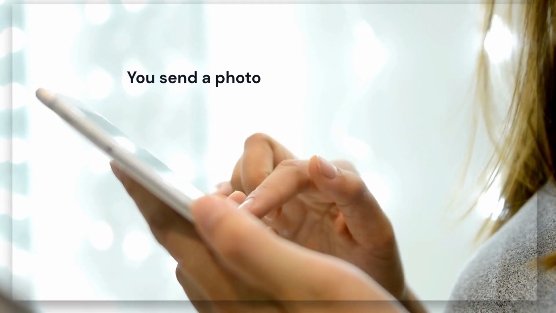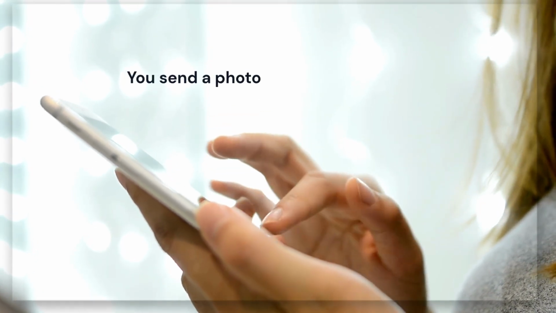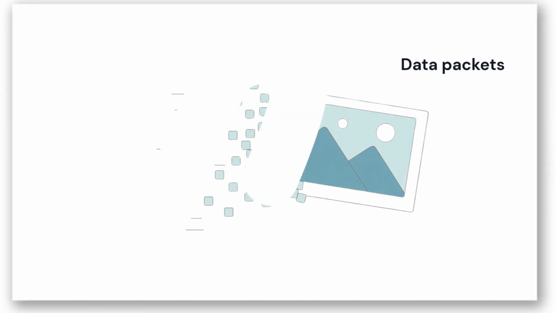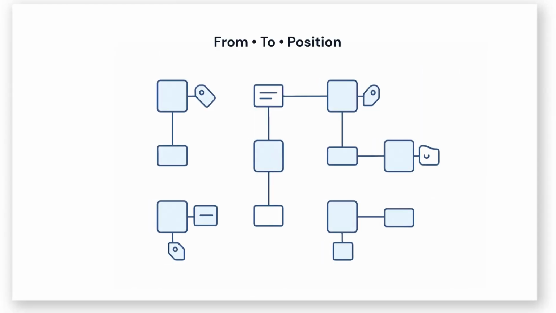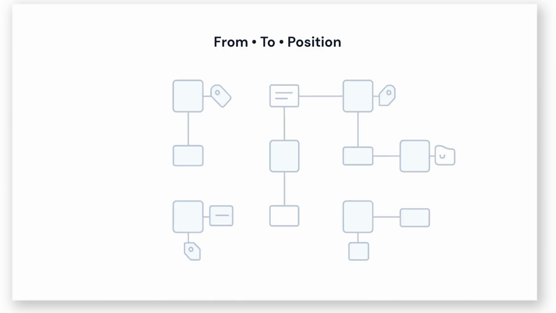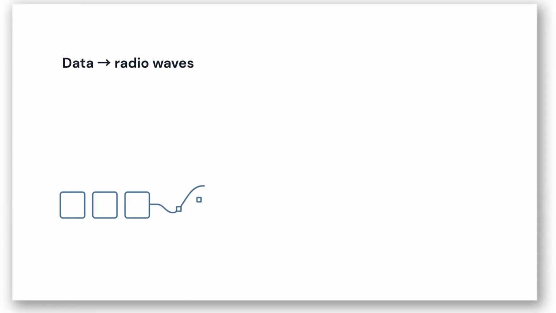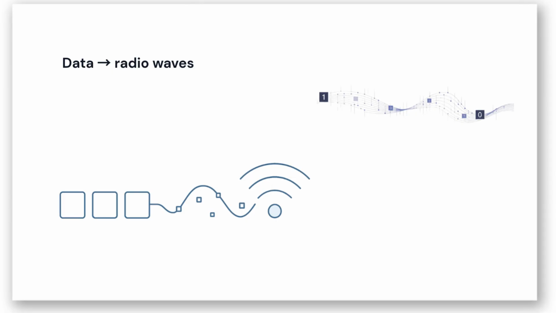Let's follow one simple action. You send a photo from your phone. Inside your phone, the photo is broken apart into many small chunks of data, called packets. Each packet gets a kind of address label, who it is from, who it is for, and where it fits in the original file. Your Wi-Fi chip then converts these ones and zeros into patterns of radio waves.